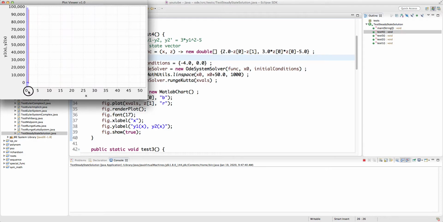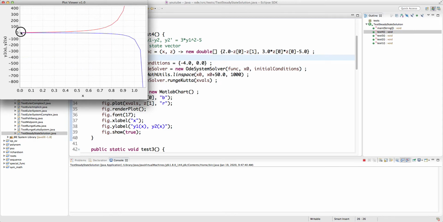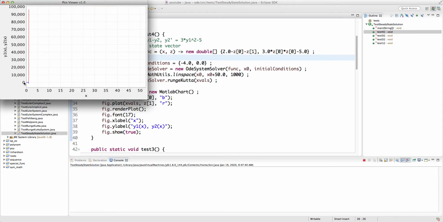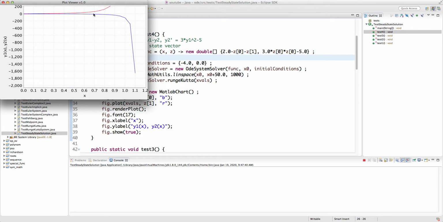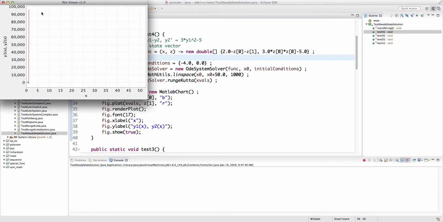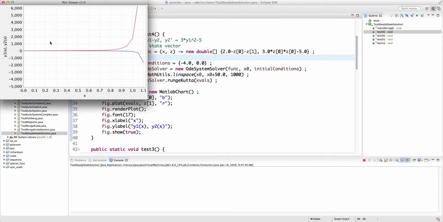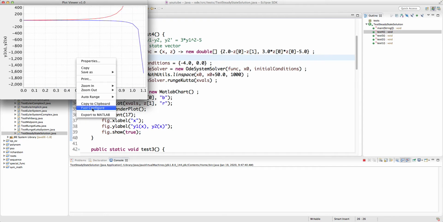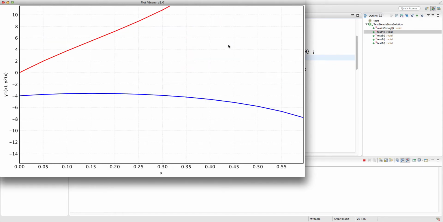As you can see, in fact the solution starts to diverge, or the system becomes unstable. We have an exponential growing very fast, and both solutions end up with growing exponentials. One of them is positive, the other one is negative. No oscillation happens, so the system becomes unstable and the solution in fact diverges, right?